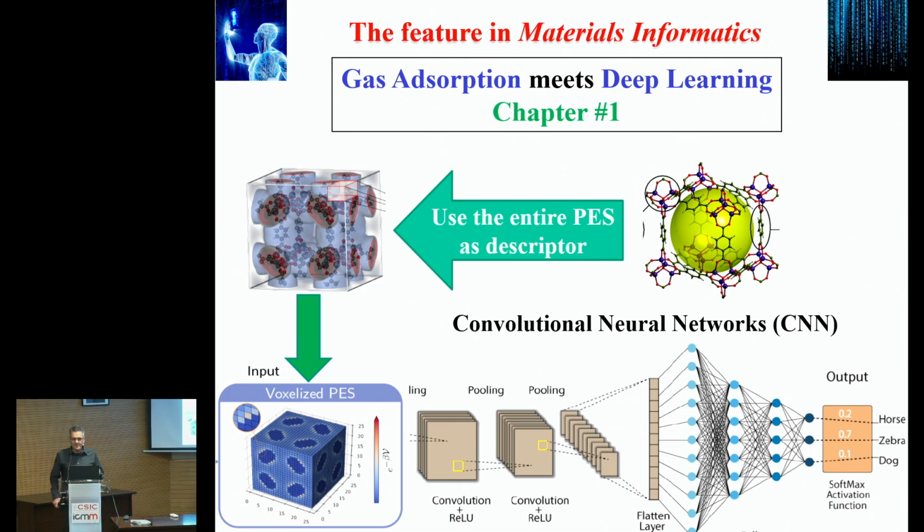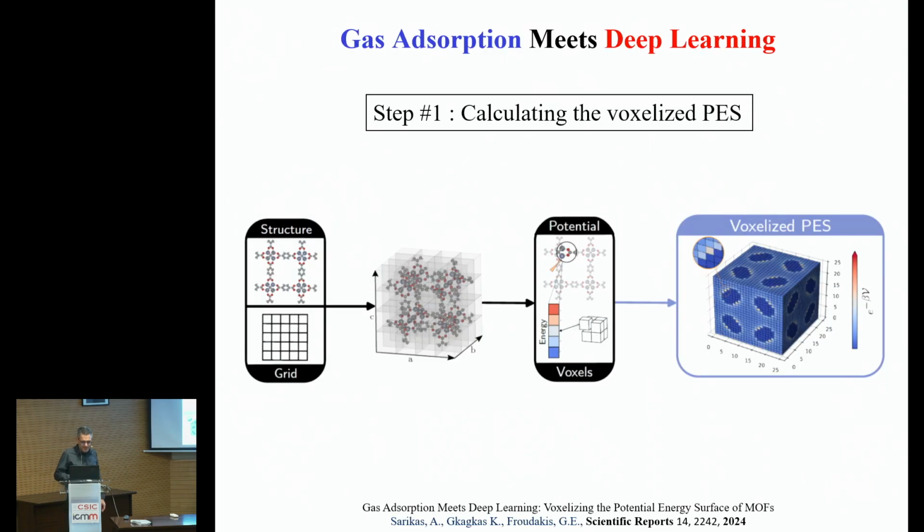We can break the potential energy surface into small parts that we call voxels, from V for volume, as it was pixel in image recognition. So we have the voxels, and of course at the end we are interested in gas adsorption. So let's see how this will go.